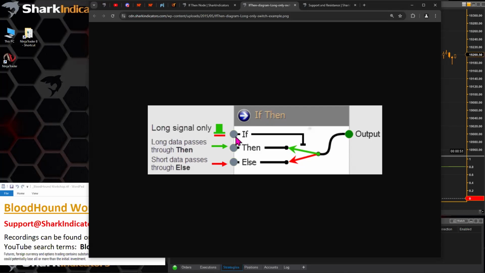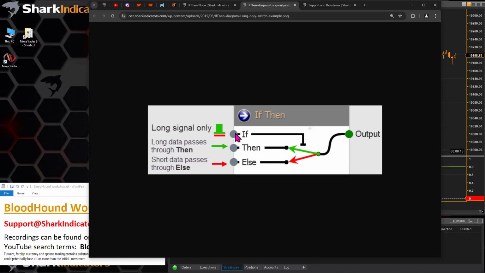So what you're plugging into the if are your signals. And if a signal is true, no signal would be false, right? And so when a signal comes in, the output is switched to either the data coming into the then, or it'll switch to the else, right?